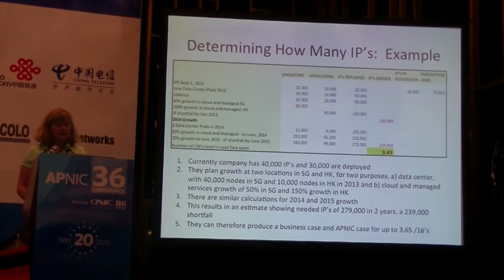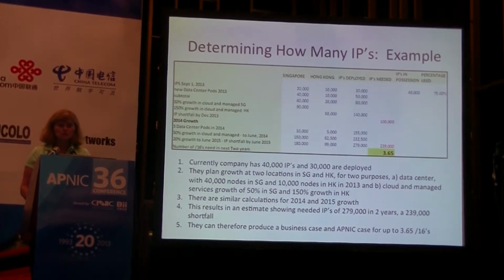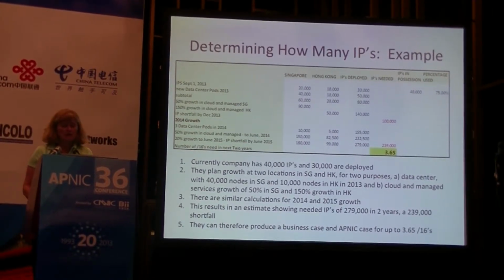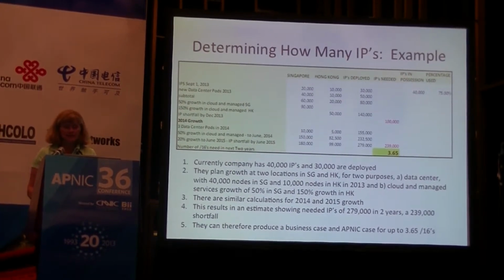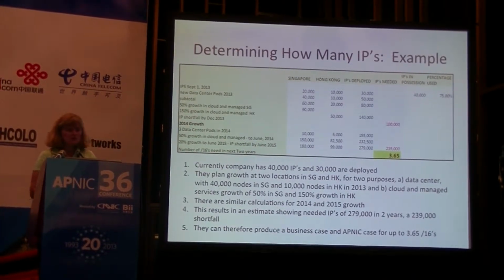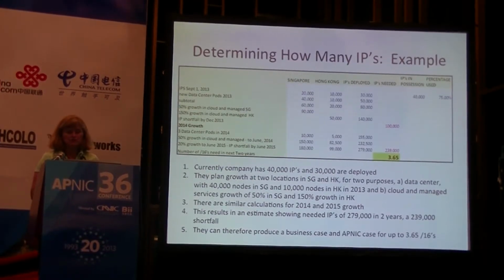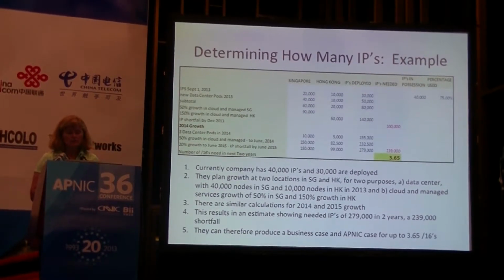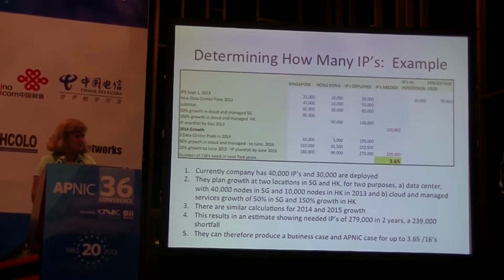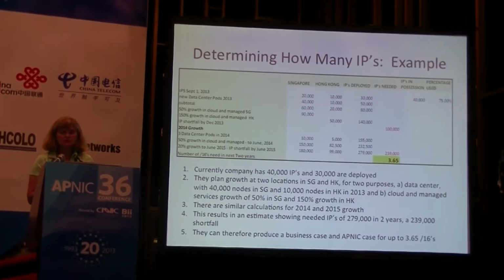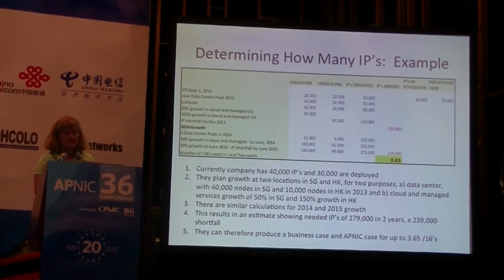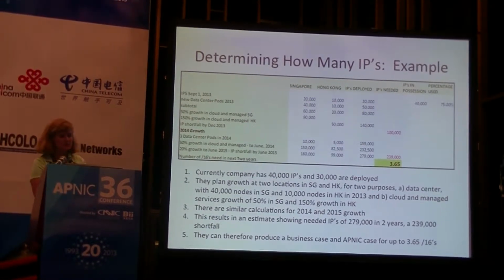And they plan growth at these 2 locations for 2 purposes, say for data center and for cloud and managed services kind of things. So I'm going to take it through the first year, and then if you can get a copy of the slides, which I think Sunny said you could, you can take a look at the numbers for the next 2 years. The one I'll run through is for the rest of 2013.